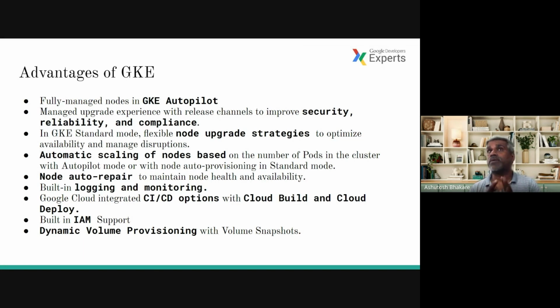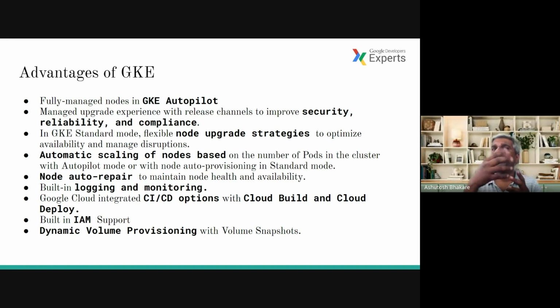Even node upgrades are very easy in a GKE scenario. Then auto scaling of a node. Google Kubernetes Engine supports 4 logical ways of scaling. One is cluster auto scaling, one is node auto provisioning, third is HPA, horizontal pod auto scaling, and vertical pod auto scaling as well. So these are the scaling advantages you get.